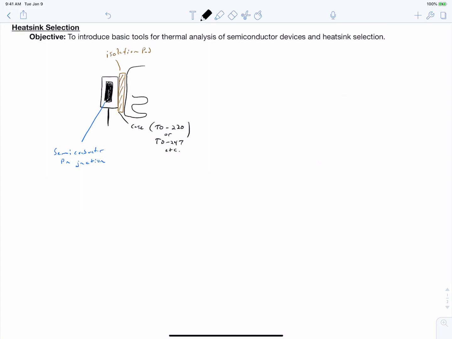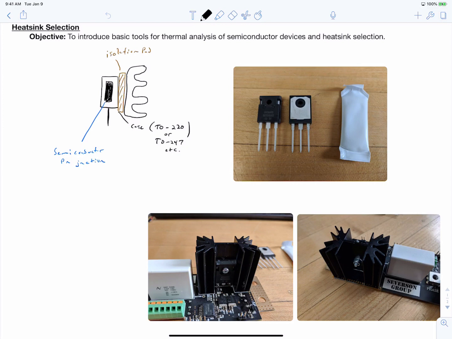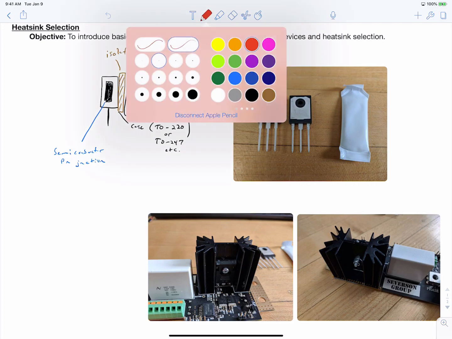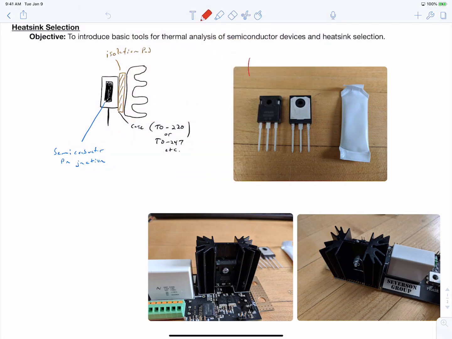I'm drawing kind of a cartoon figure here, but I want to show you some pictures of what these devices actually look like now. So you can now see some pictures of these devices, and starting from the top, we've got a MOSFET. This is a silicon carbide MOSFET in a TO247 package.